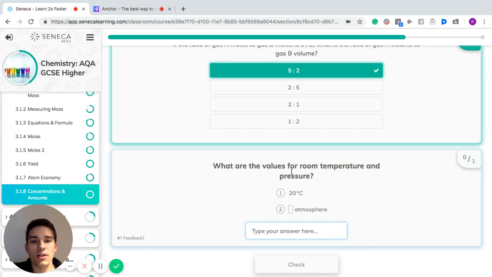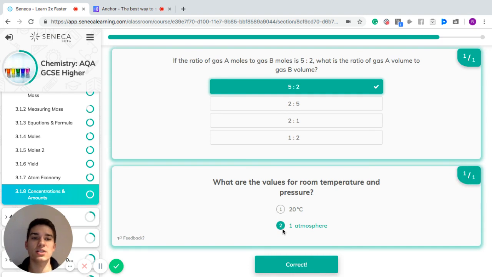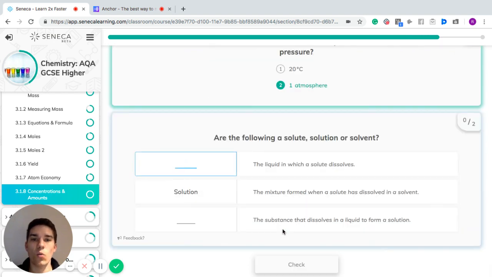So what are the values for room temperature and pressure? Remember, we've got 20 degrees Celsius and 1 atmosphere. That's room temperature and pressure. And to run through some definitions, the mixture formed when a solute has dissolved in a solvent is a solution.